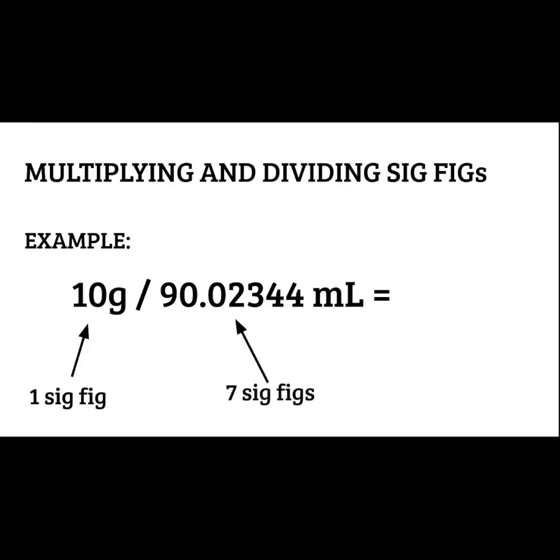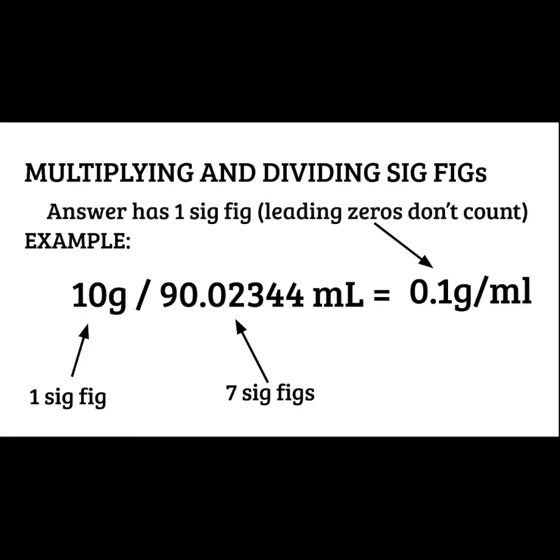That's a lot of sig figs. That's 7. My answer needs to have the least amount. So if I have 1 in this question, my answer will only have 1 significant figure. So it would look like this. Remember that 0 in front of the 0.1 doesn't matter because leading zeros never matter. So here's the note on that.